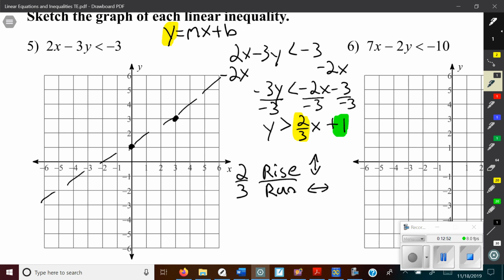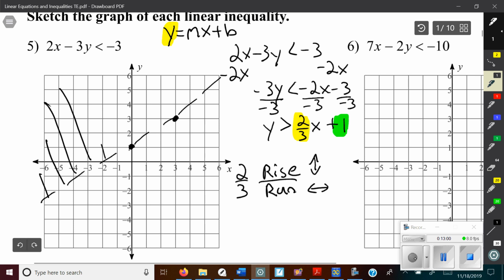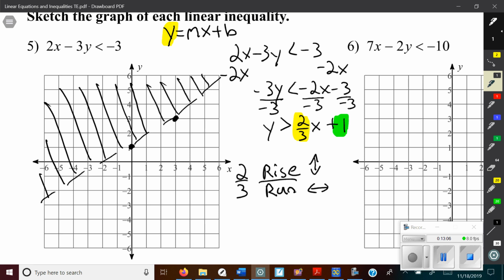Now, the only thing left is to shade. So to shade, I'm going to shade greater than. So that means I'm going to shade above. And that's it. That's how you graph the inequality.